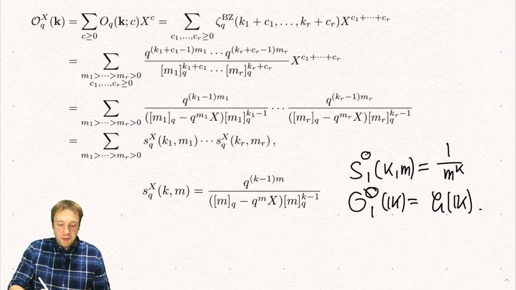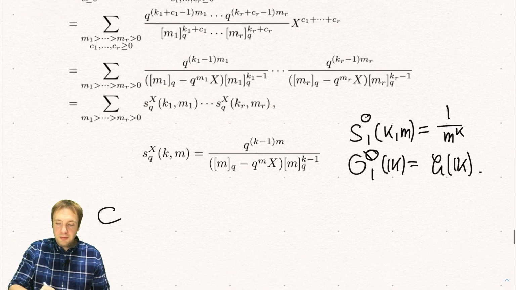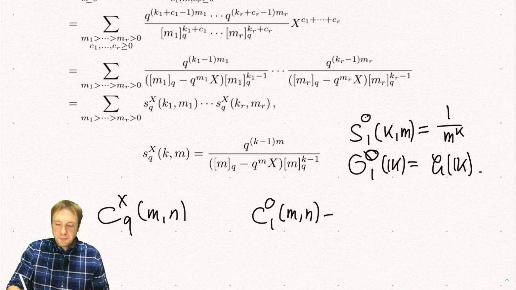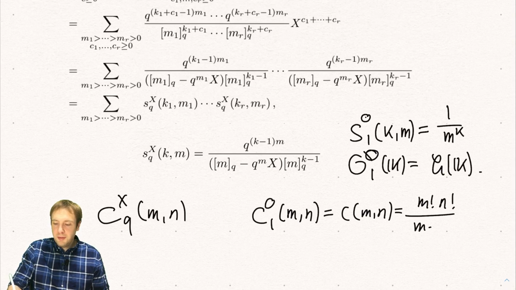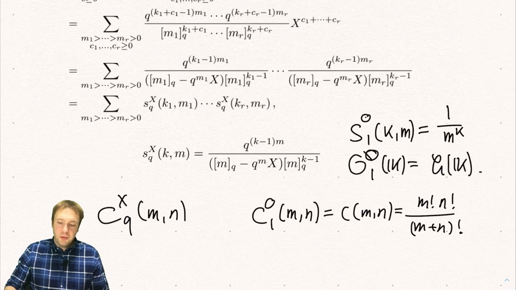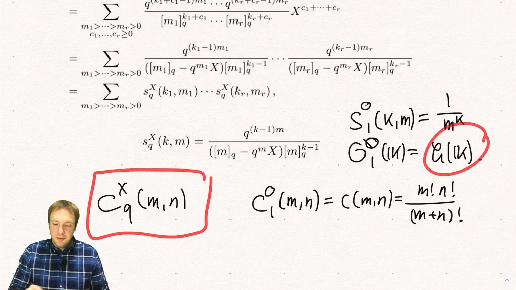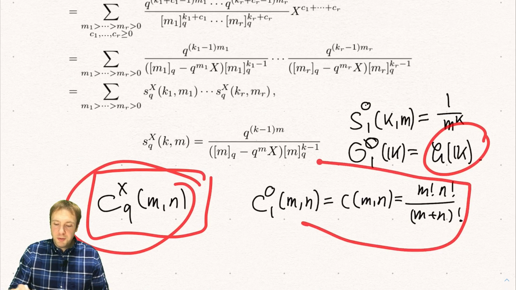So we want to find a connector C, such that this gives back our connector as before. So this we denoted C_mn. So this was m factorial n factorial divided by m plus n factorial. Because the case x equals 0 and q equal 1 is the classical case, and we want to somehow find this with this property here.